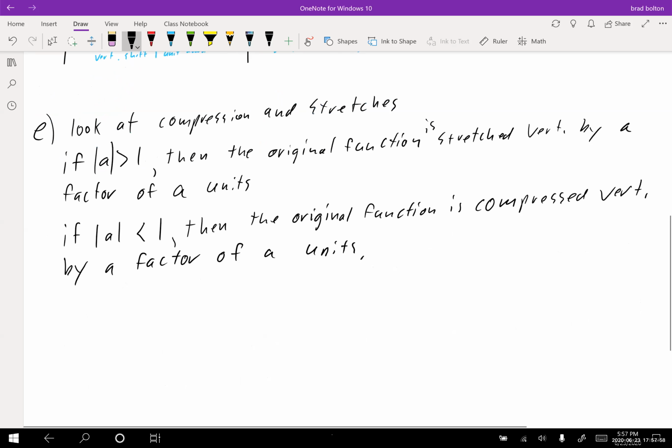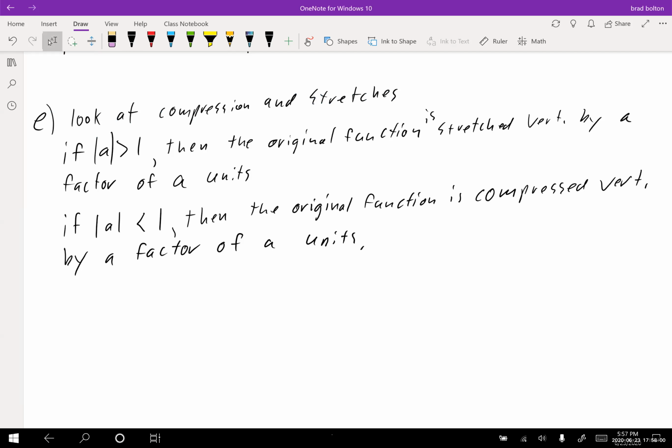Okay, so this is a fancy way of saying, let's say that I gave you guys y equals 1/2 x squared.